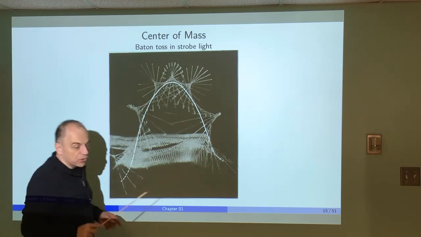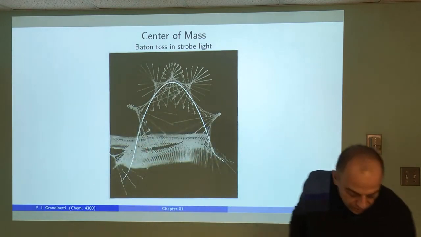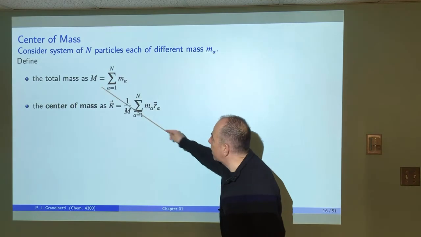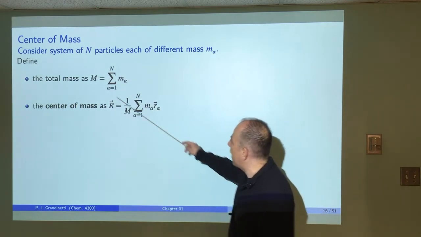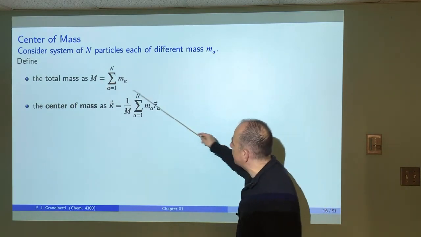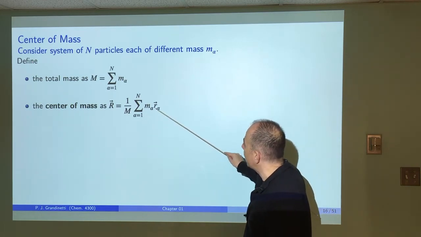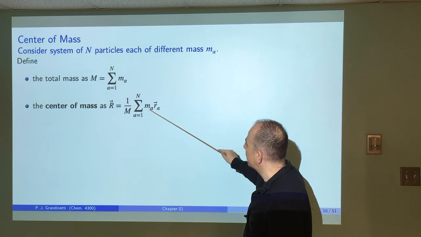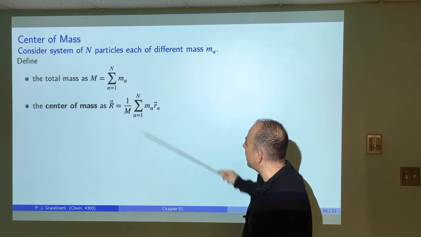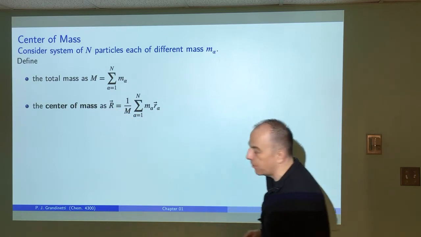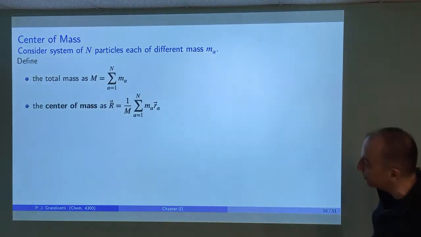And we can describe this with Newton's laws if we define the total mass of our collection of particles as capital M, and we define the center of mass as the weighted vector sum. So each particle's vector is weighted by its mass, and then those are summed up and divided by the total mass. That defines what's called the center of mass of our collection of particles.